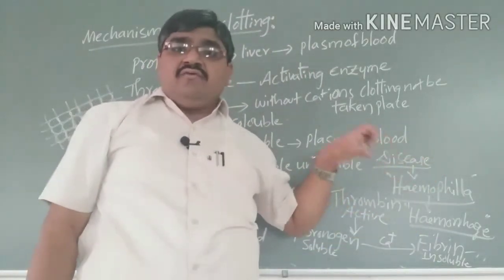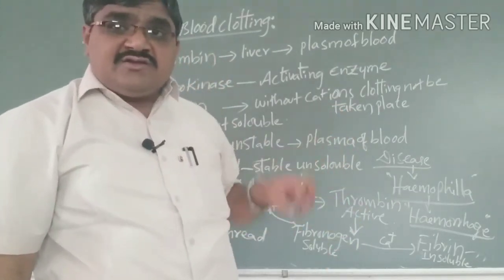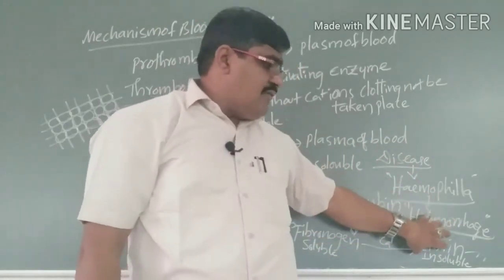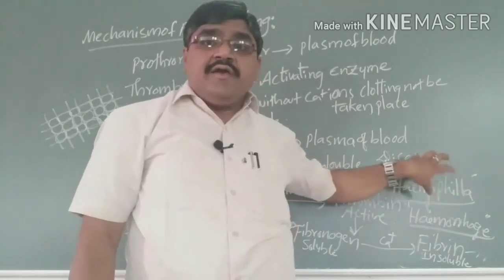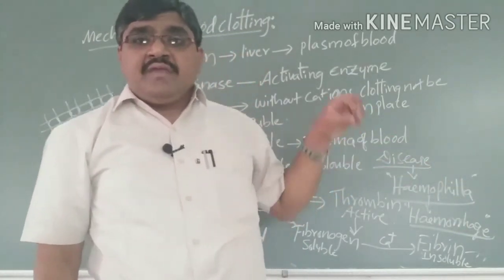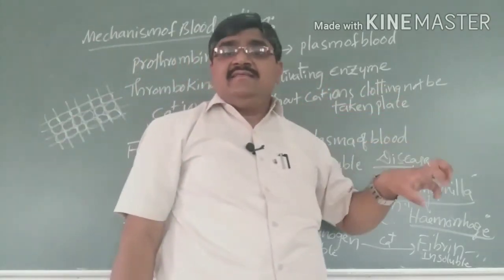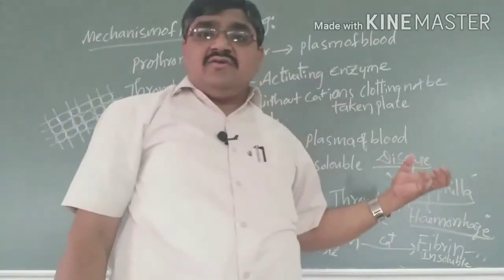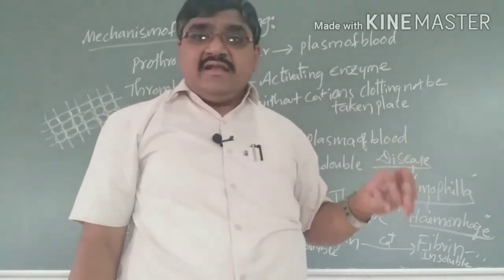Because of the delay of clotting, it leads to the death of an organism. Such a condition we call a hemorrhage, which we can see in hemophilia, a genetic disorder that is sex linked, and the inheritance takes place as we already studied for sex linked characters.